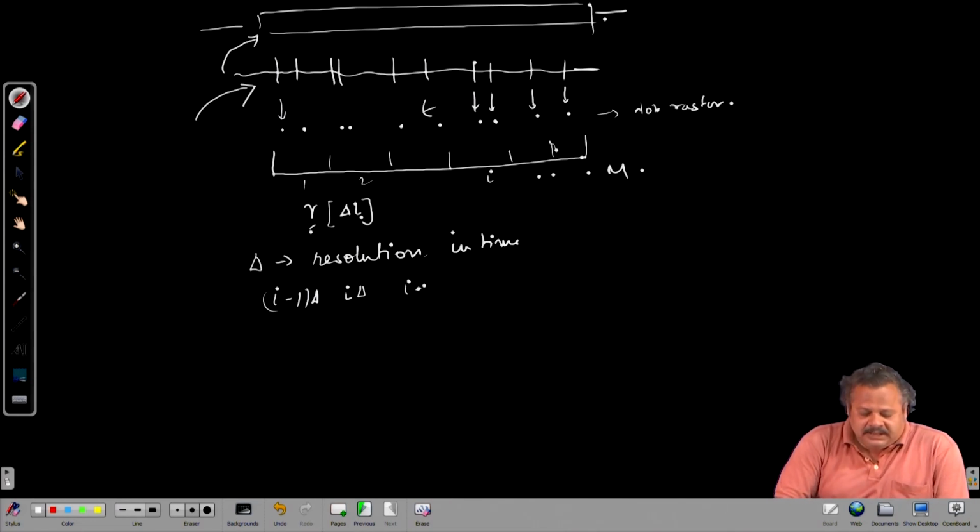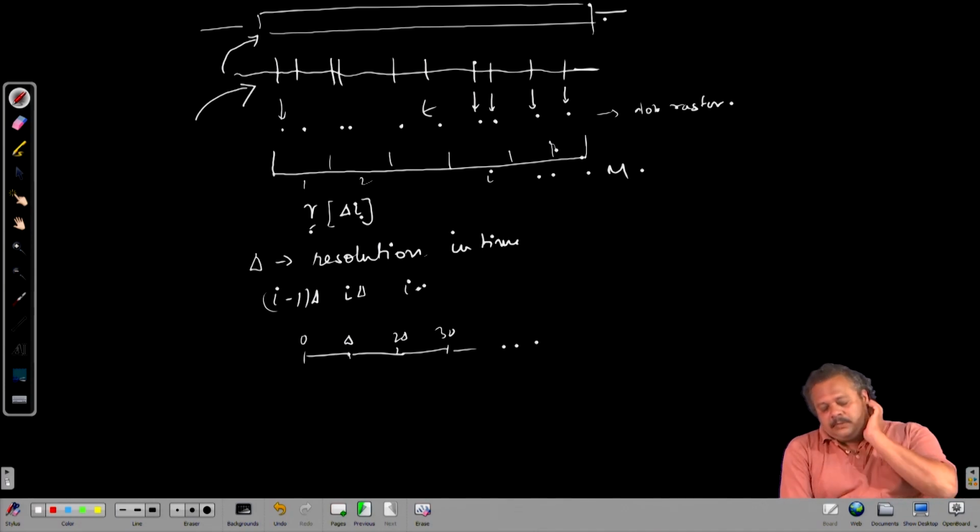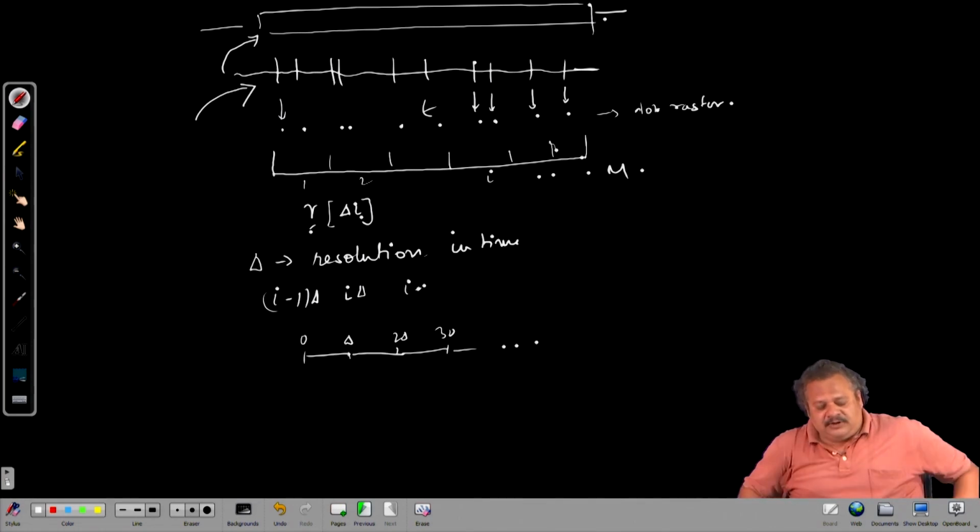So, for i equals 1, it is from time 0 to delta, and then this is 2 delta, 3 delta, and so on. The choice of delta is what essentially defines how we are going to treat the response or define our response measure.